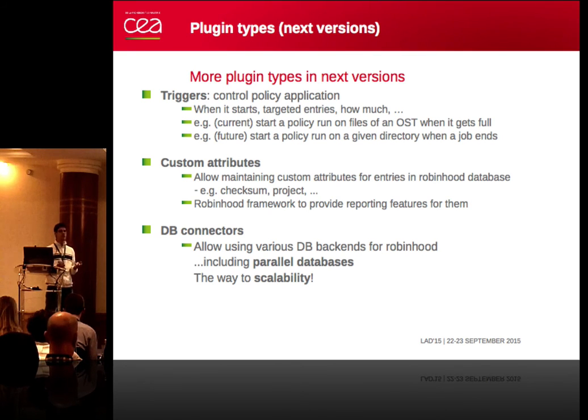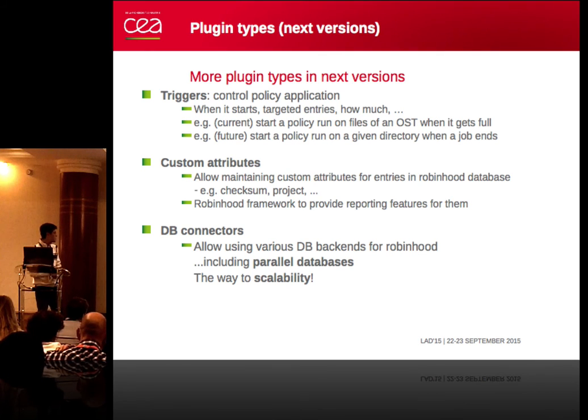There can be many criteria for policy decisions. So to allow this, we would like, like other things, to be able to add plugins that implement a given criterion. Also, having new attributes in the database means providing report features for them.